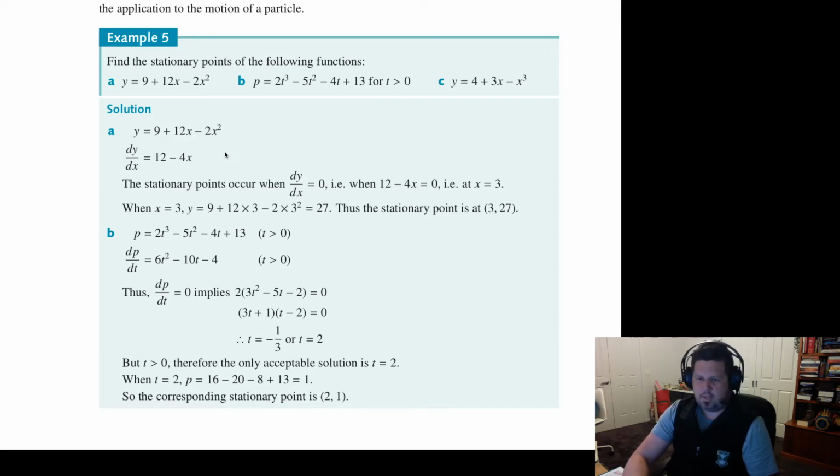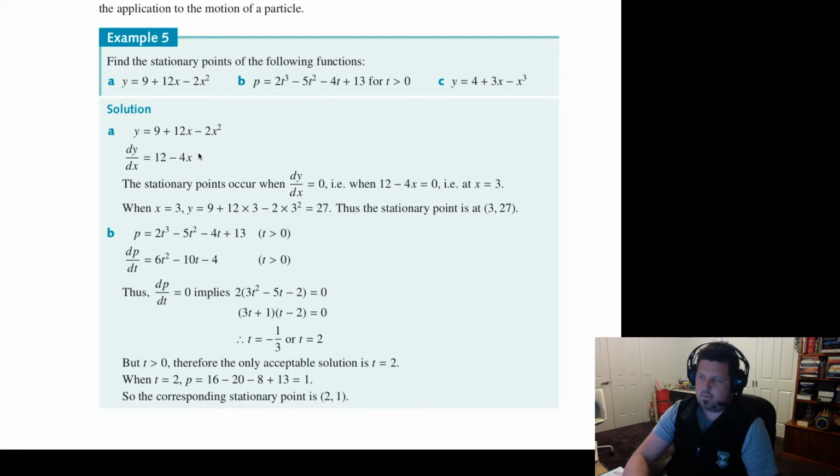Next, we've said that stationary points occur when the derivative is equal to 0. So we write out the derivative, in this case 12 take away 4x, and make it equal to 0. Then we solve to find out what x is.